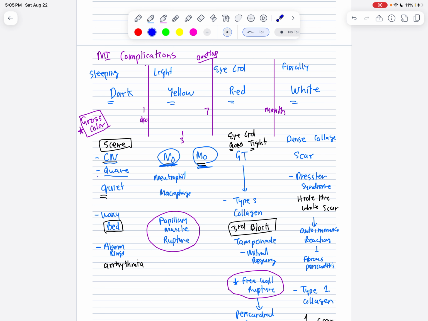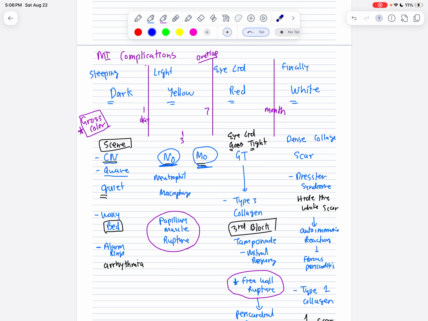And then there's Q wave: you're sleeping and it's quiet, so quiet for Q wave. And you're going to use this bed, and there's a sheet there, and it's made of waxy animal fur. So think about Q wave for quiet sleep, quiet place, waxy bed, and the alarm rings. So alarm ringing is going to be arrhythmia.